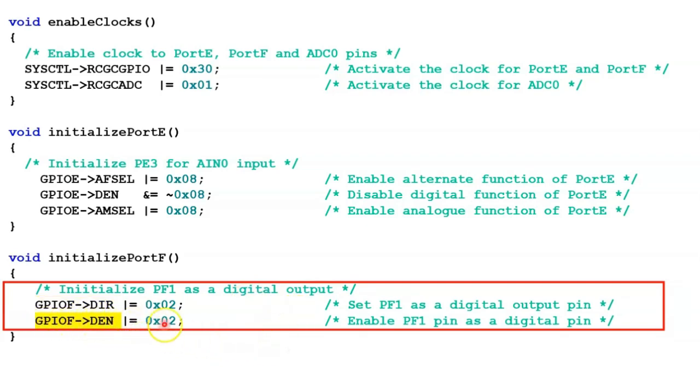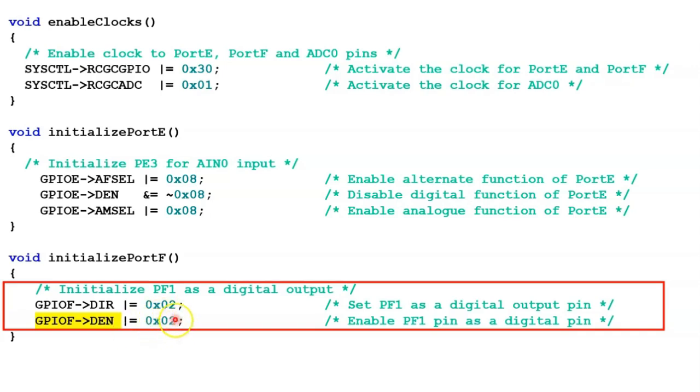Then the next statement here looks very similar to this one, but this one is the digital enable register. Now this determines whether a pin operates in digital mode or remains disabled. Each bit corresponds to a pin in port F. Now, if we set bit 1 to a 1, this enables the digital functionality.